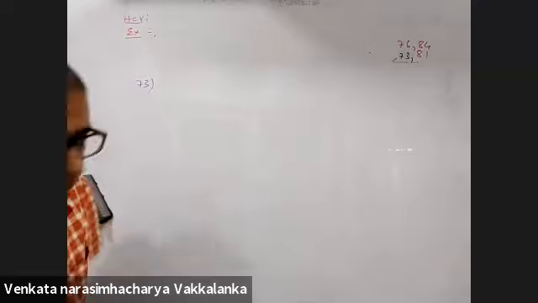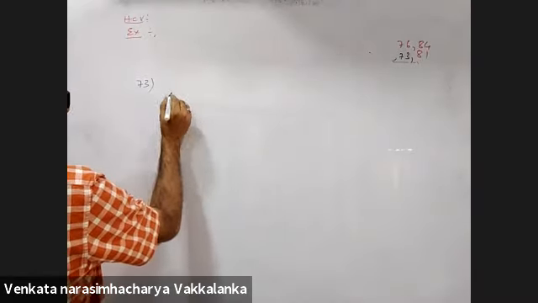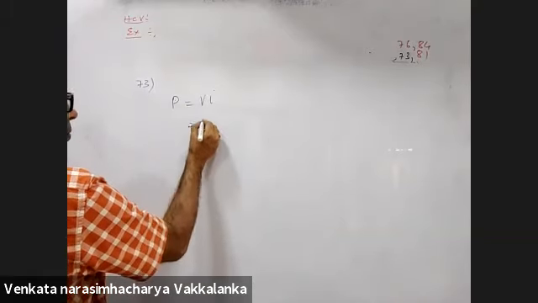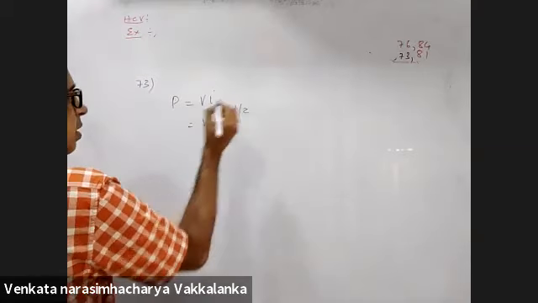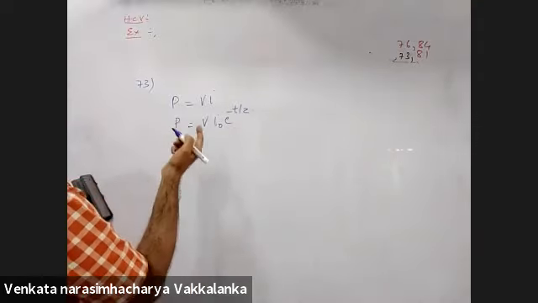Power delivered by the battery, remember, power delivered is VI. Potential will remain constant. I is I naught e to the power minus t by tau. This is the power delivered by the battery.